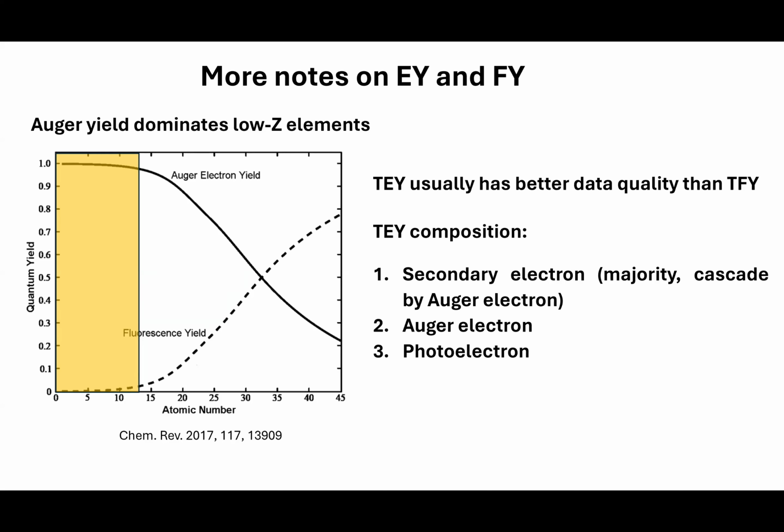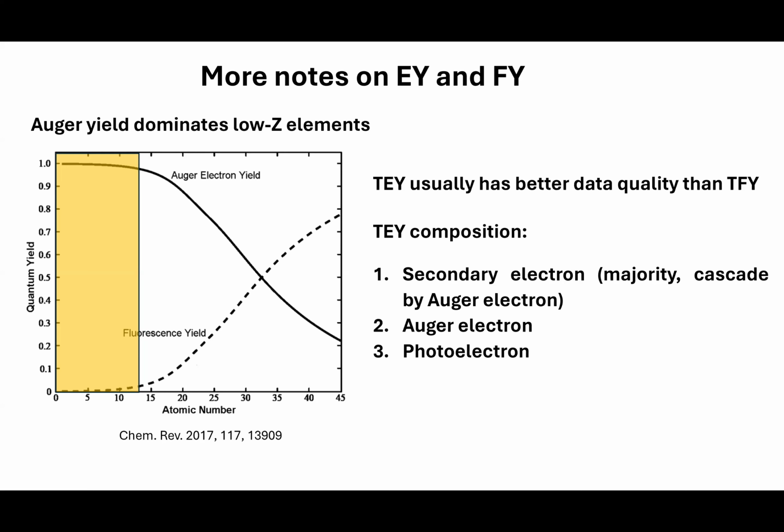And so you see in the yellow region, Auger electron yield is the dominating decay process. That is saying, when we're looking at elements like carbon, oxygen, nitrogen, fluorine, etc., 99% of the decay process is through the Auger electron.